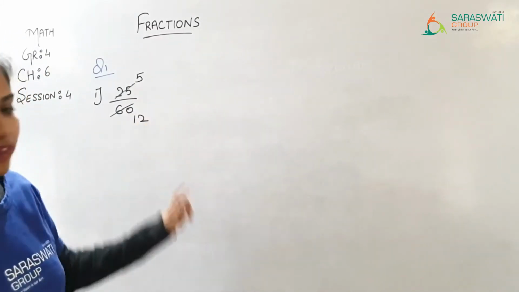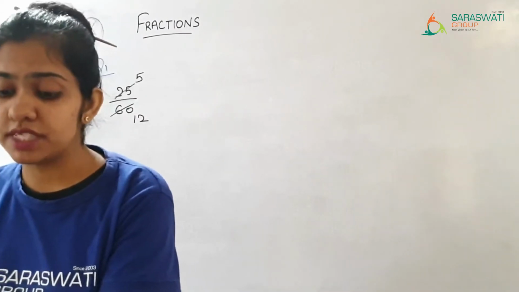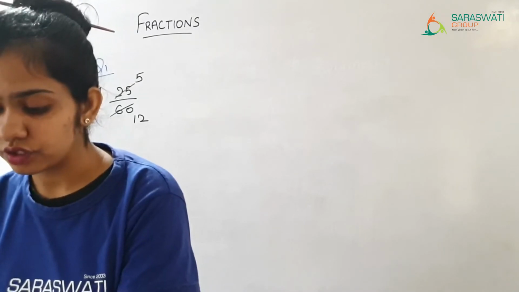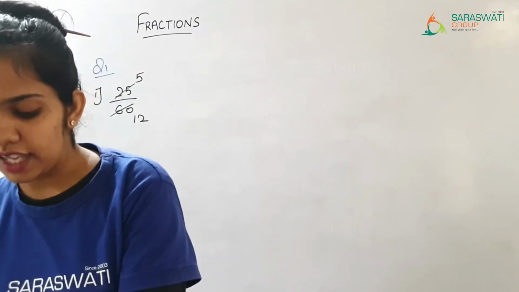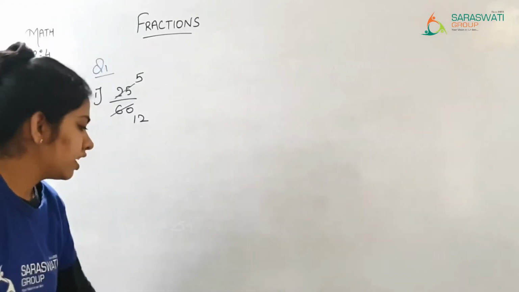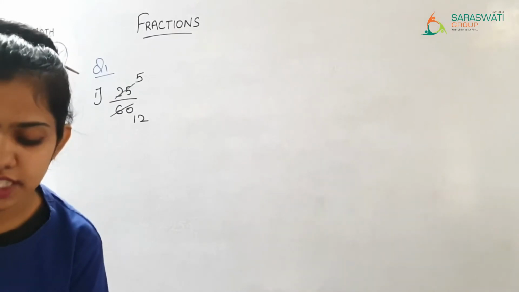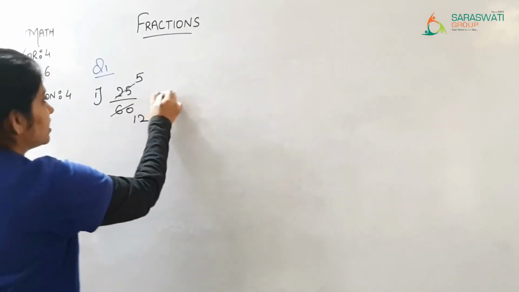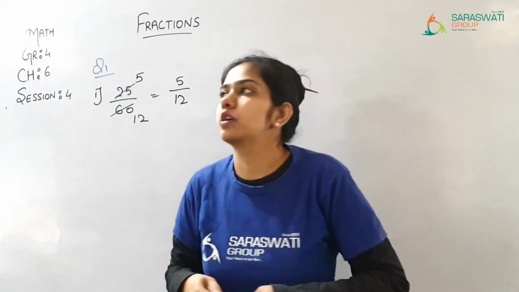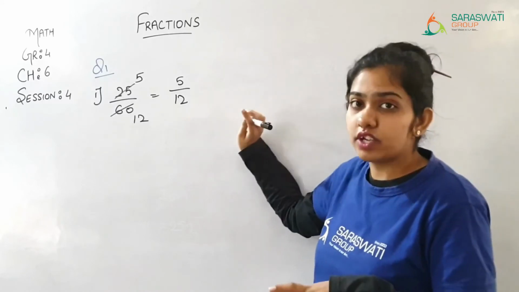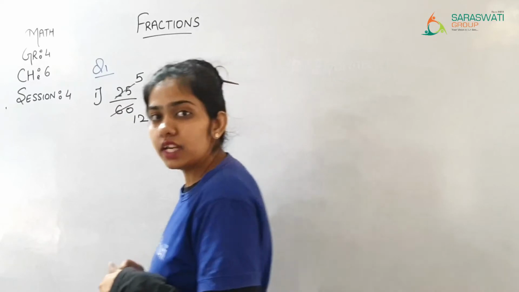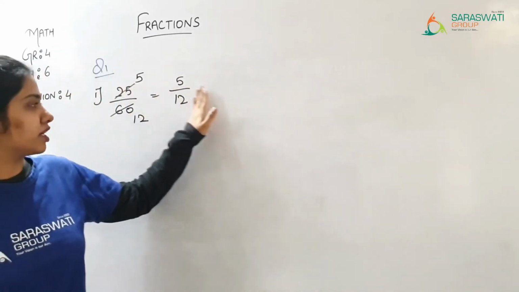Now after 5 and 12 there is no such possibility. अब इसके आगे कोई possibility नहीं है कि इसका कोई आगे निकले, right? Now over here 5/12 is the simplest form because 12 is the even digit, 5 is the odd number. 5 ones are 5, 1 and 5 are the factors. 12 के आगे factors हैं. There are no such common factors, right? So 5/12 is the simplest form.